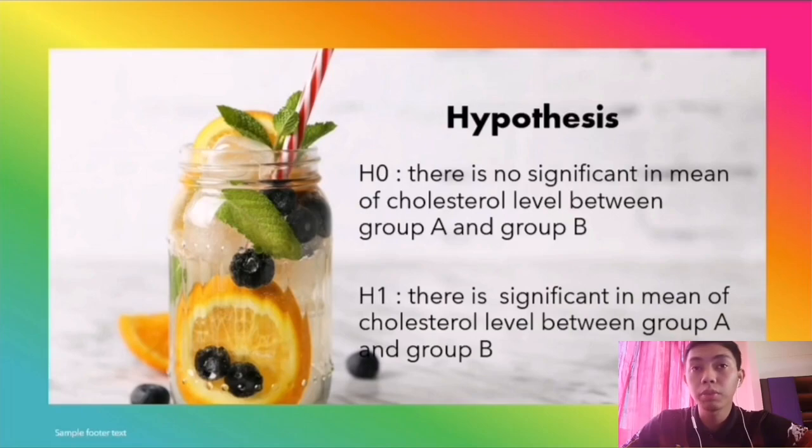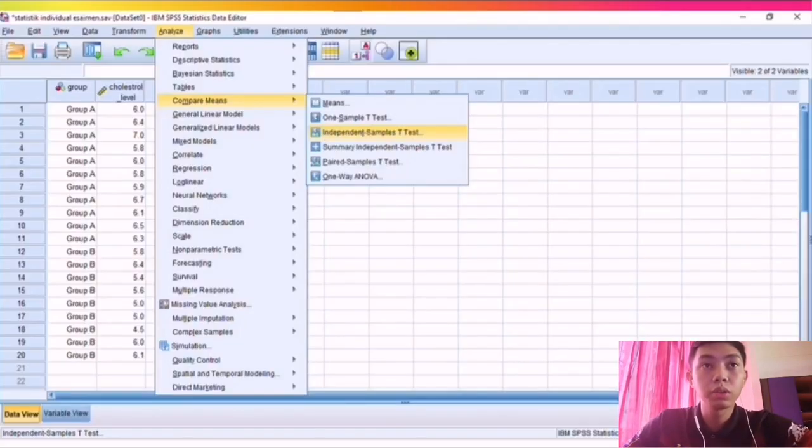There are two possible hypotheses. One is there is no significant difference in mean of cholesterol level between Group A and Group B, and the second is there is a significant difference in mean of cholesterol level between Group A and Group B. So how to find the independent t-test?